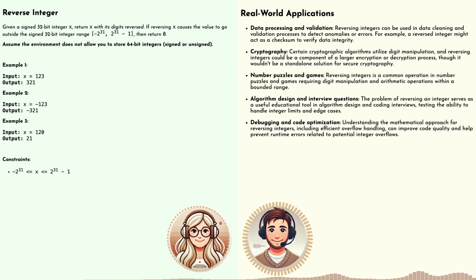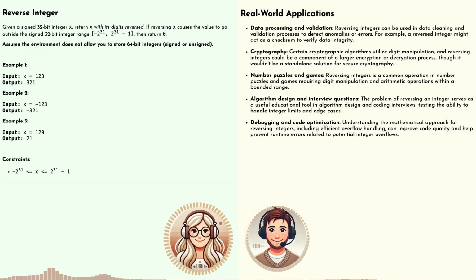Okay, so first challenge. Imagine you're working on a security system that uses unique numerical codes. Okay. And to make it harder to crack, you want to reverse those codes before you store them. Ooh, good idea. Which approach would you choose and why? That's a great example. In this case, security and efficiency are really important. So that string reversal method, while it's simple, might not be the best choice because the string conversions could potentially create vulnerabilities or slow down the system, especially if you're dealing with a lot of codes in real time.